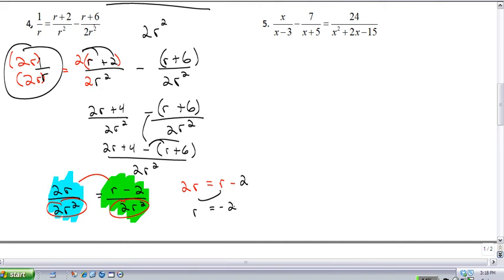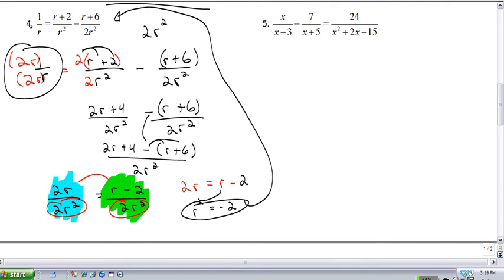Now what do I mean by extraneous solutions, and how can you check for extraneous solutions? Well, sometimes through some of the algebra you do, goofy things will happen, and we'll talk more in class, but your final check can be to take r equals negative 2 and just check your answer. So you come back and plug it into your original equation.